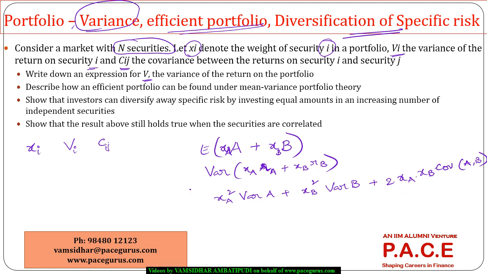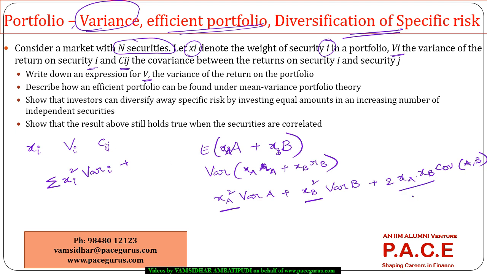With the same logic, if I want n number of securities, the variance of the portfolio will become, for each security, the weight squared multiplied by its variance, which is sigma xi squared multiplied by the variance of the ith security.